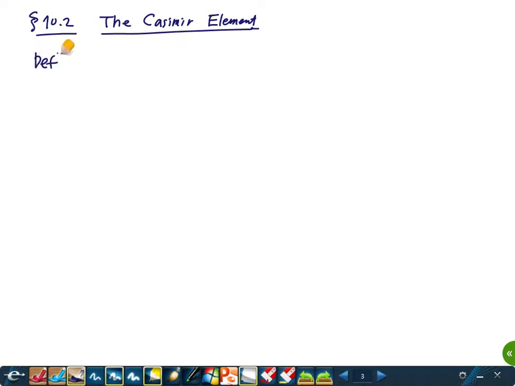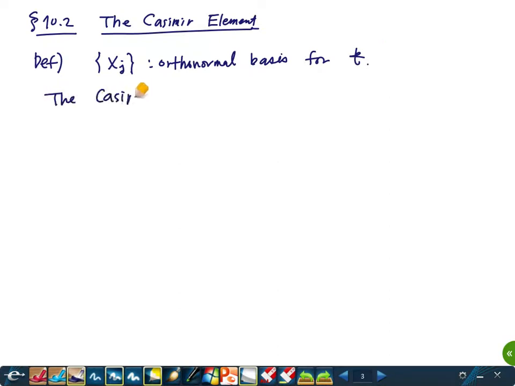So, definition. Suppose that we have an orthonormal basis for this K, then the Casimir element. So this is inside this semi-simple Lie algebra G. When you have a semi-simple Lie algebra G, we know how to construct the universal enveloping algebra.